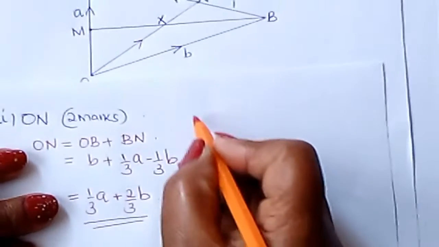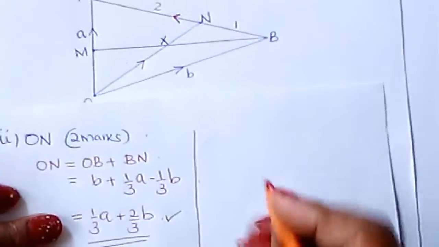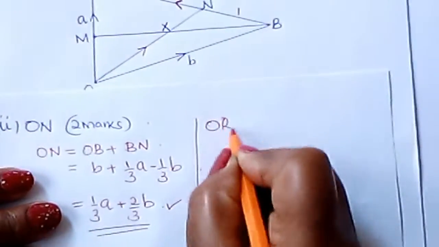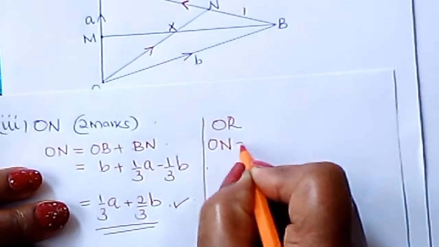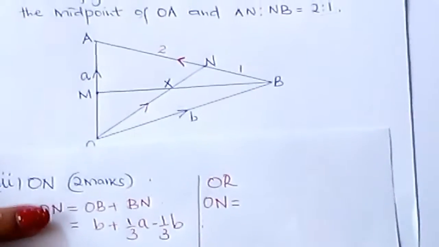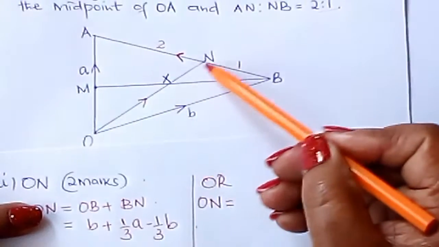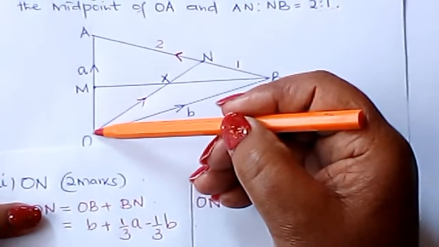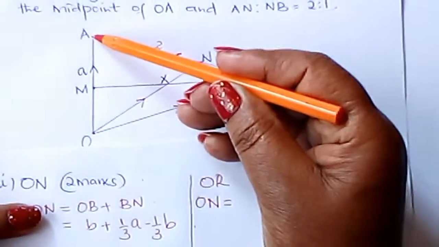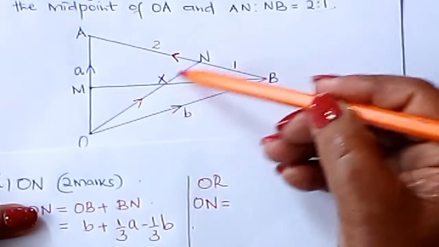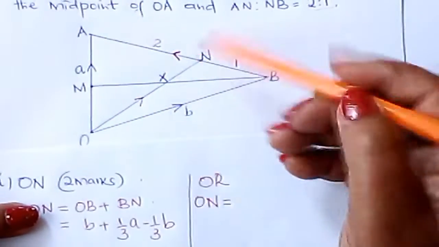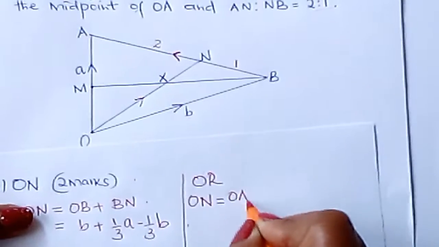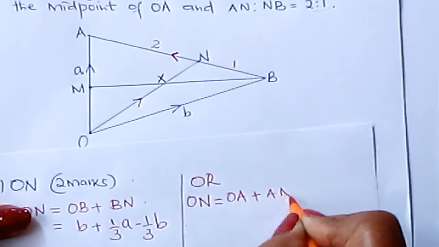Alternatively, Lana, you can use this other route. For the sake of understanding, look at this, ON you can as well follow this route now: ON is equals to OA plus AN.